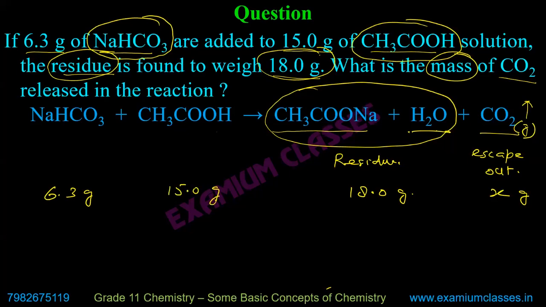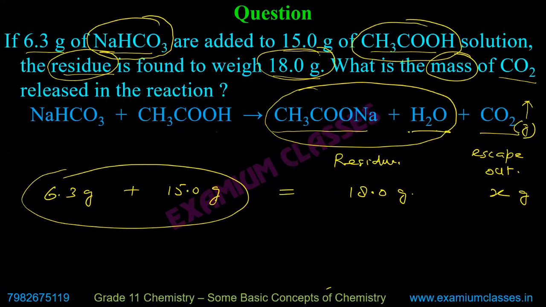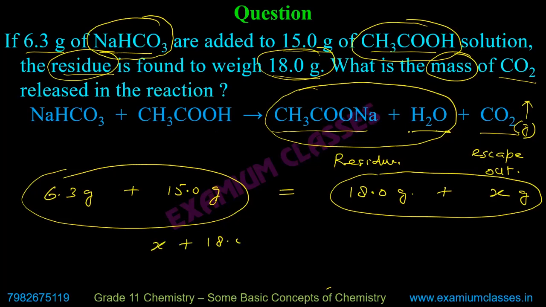Everything is in mass, so it is the law of conservation of mass. The sum of the masses of reactants should be equal to the sum of the masses of products. So you will say X plus 18.0 equals 6.3 plus 15.0, that is 21.3.